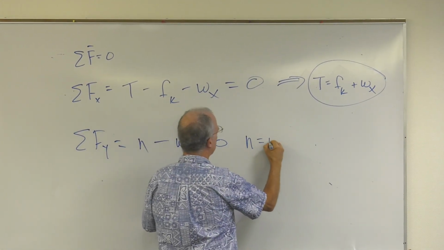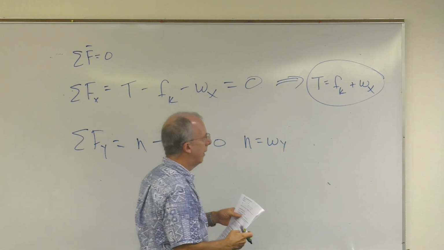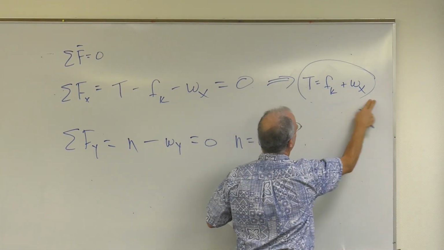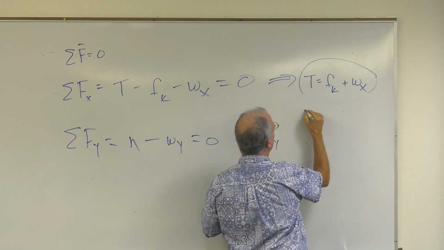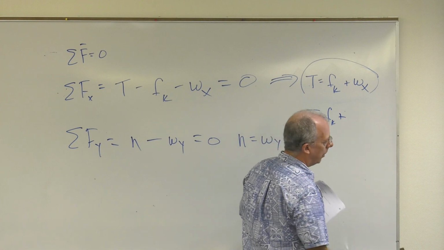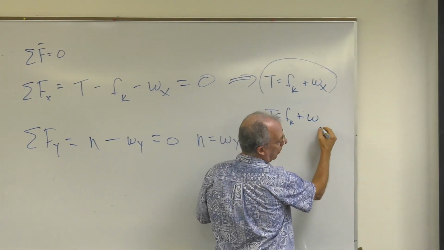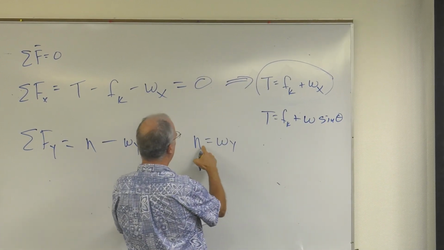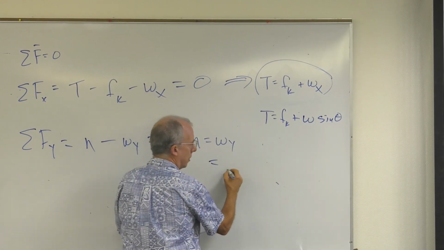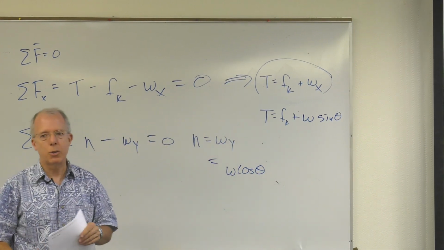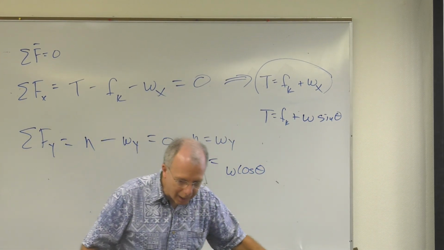So n equals wy. Hold on. So this would actually be T equals fk plus wx, which is w sine theta. And here we have n equals wy, which is w cos theta. Okay? So we'll be doing that all the time.